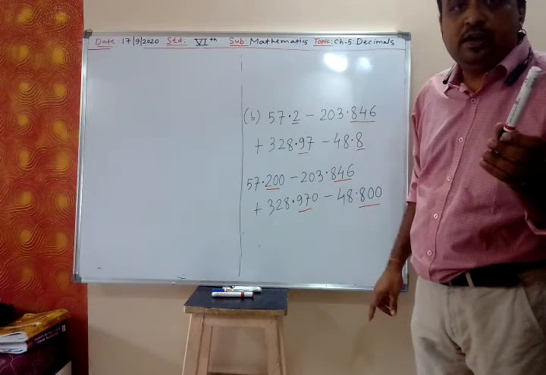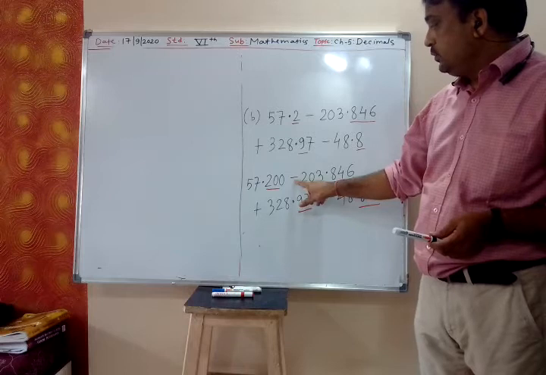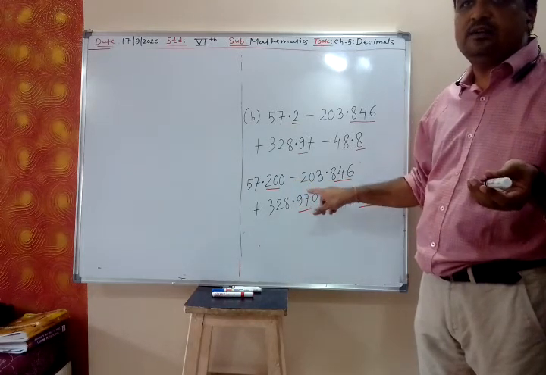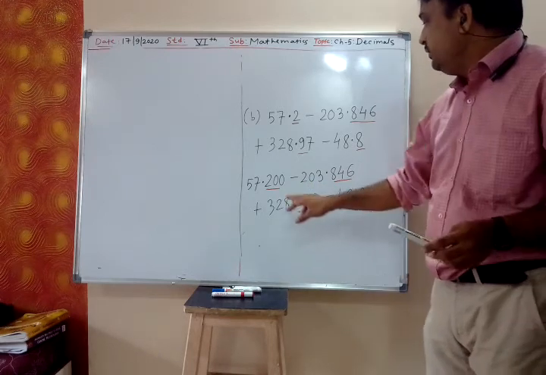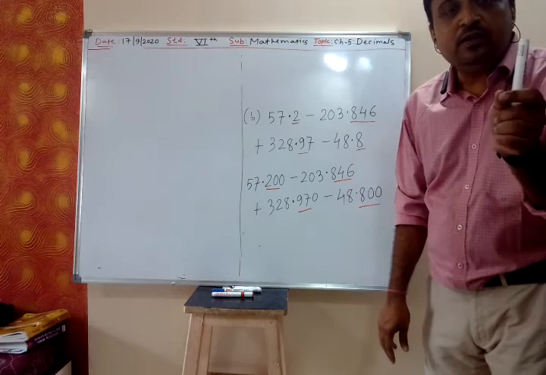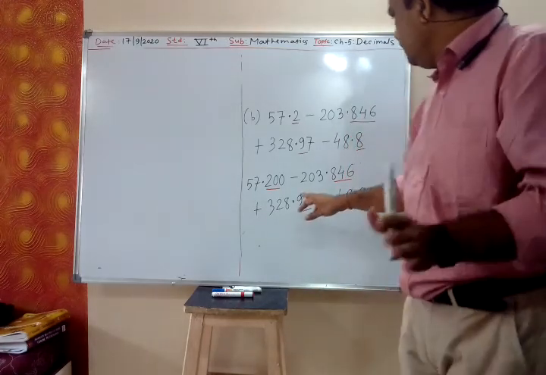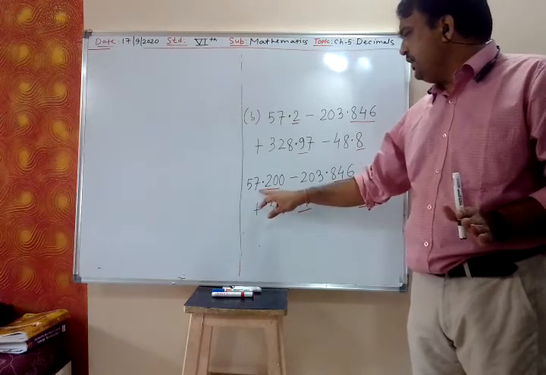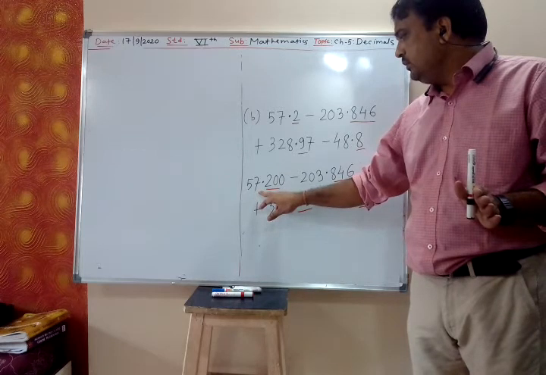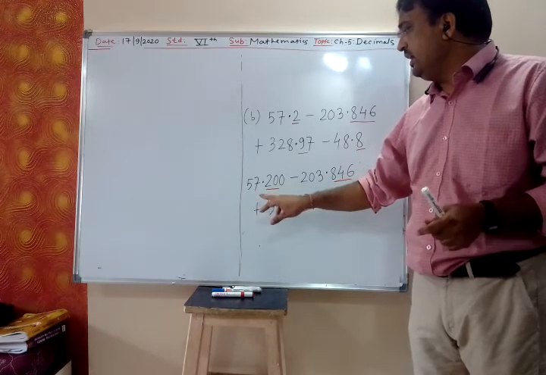What is its sign? Minus. So your answer will have a minus sign because 203 is bigger. So what I suggest is: first you add the numbers with plus sign.